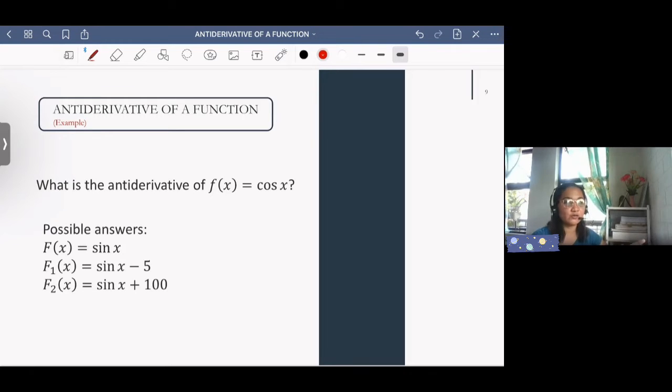How are we going to represent generally the antiderivative of a function?